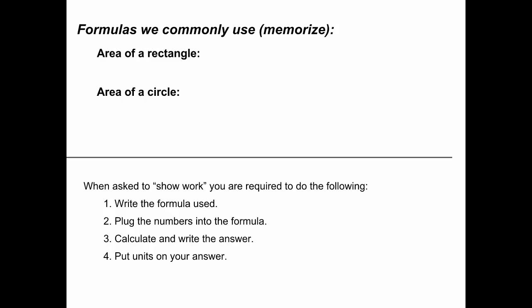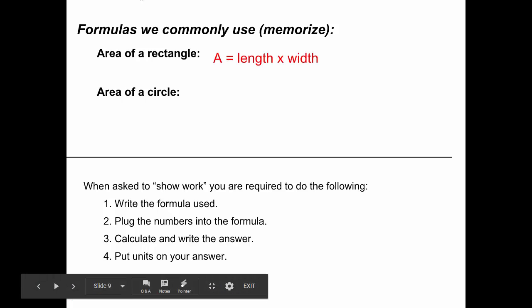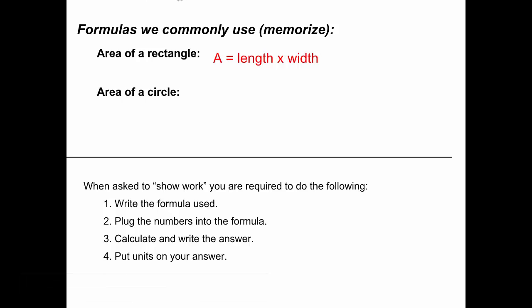Who knows the formula to calculate the area of a rectangle? Talia? Length times width. How about the area of a circle? What's the thing in the center called? Diameter times radius?